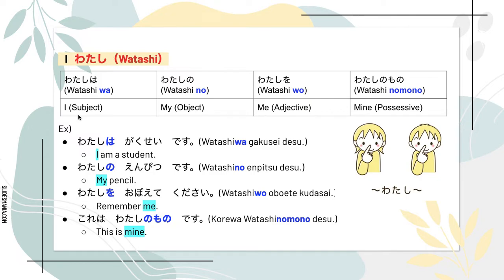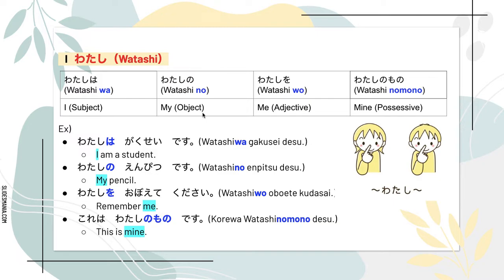Subject would be I, and if you would say that in Japanese, it'll be watashi wa. As you can see, all you got to do is add the wa to watashi.